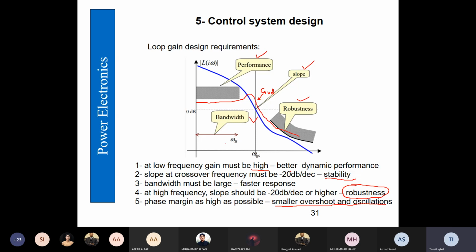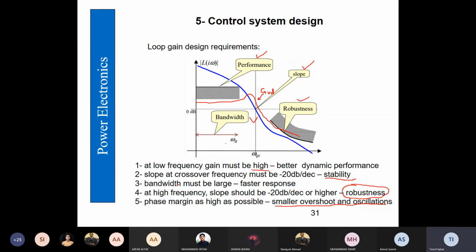If the slope of the loop gain is higher, the system will settle very fast, but due to the high rate of change, it will go into an unstable mode very quickly. Therefore the slope should be minus 20 dB per decade, and that indicates our system is stable.